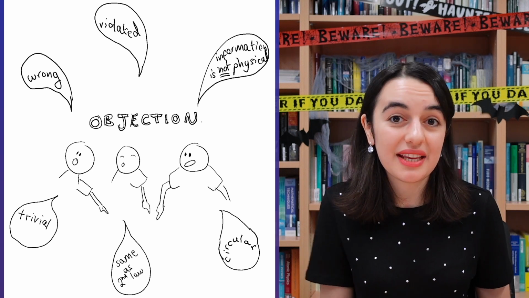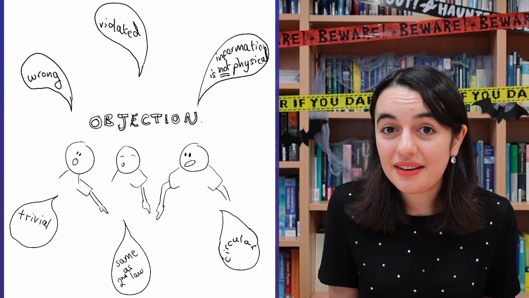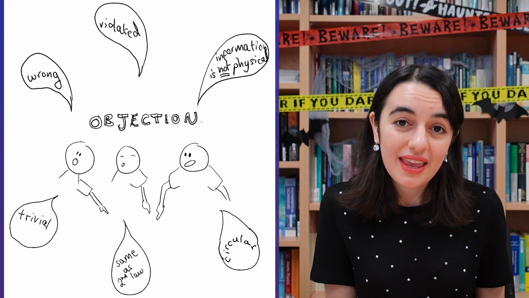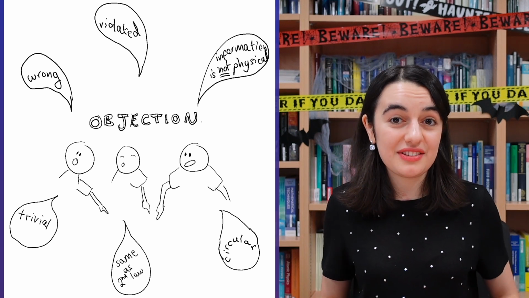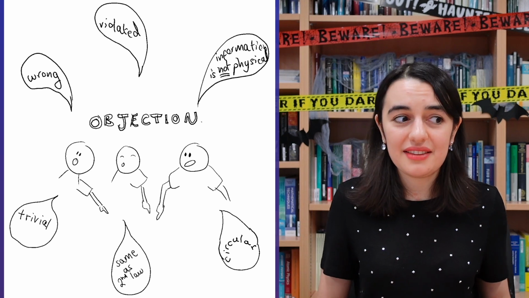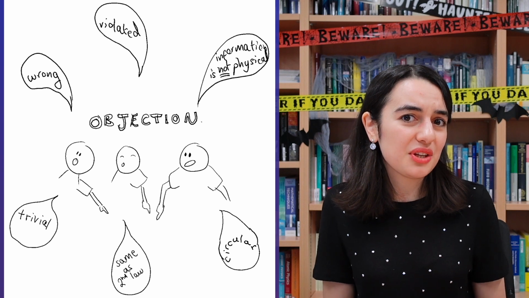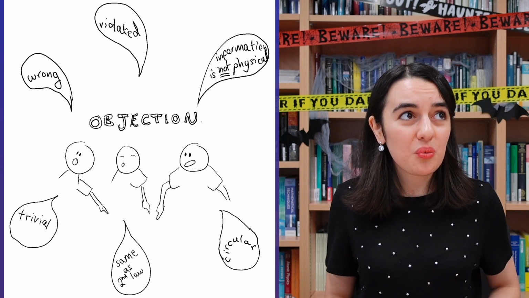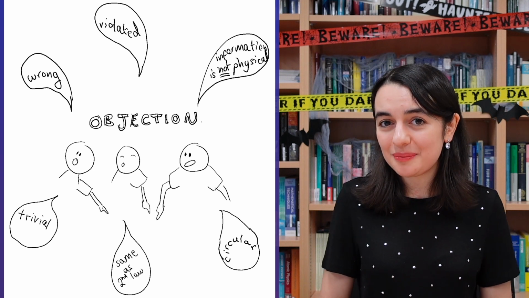Others say that using Landauer's principle to save the second law in the Maxwell's demon paradox is circular, because the principle itself was originally derived using the second law. Lots of these arguments come down to people disagreeing about what Landauer's principle actually is in the first place.